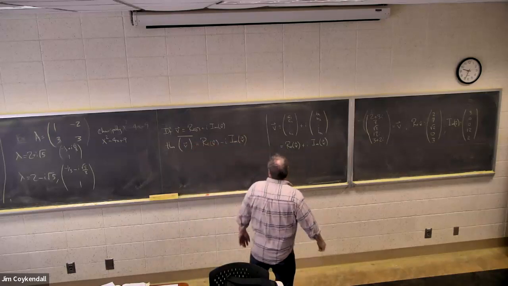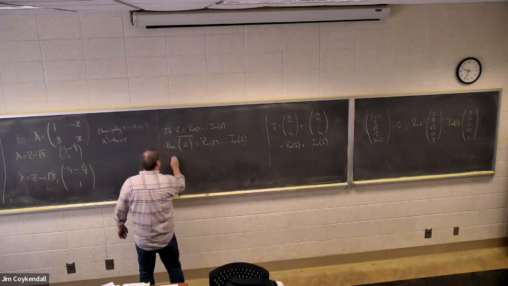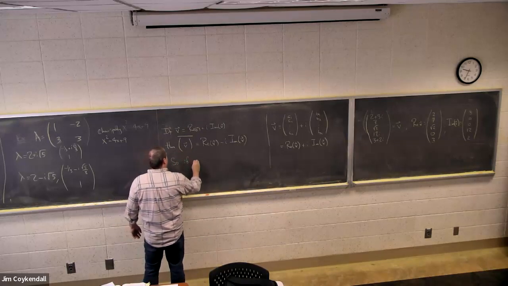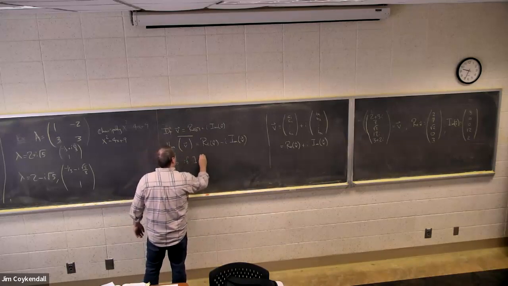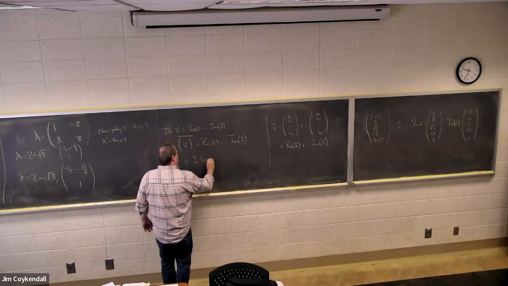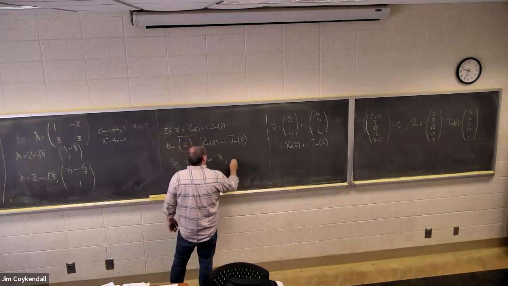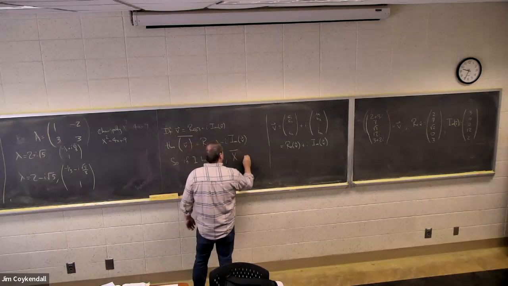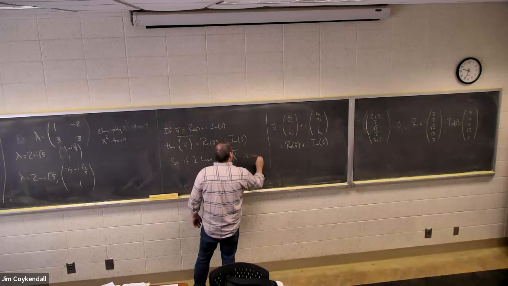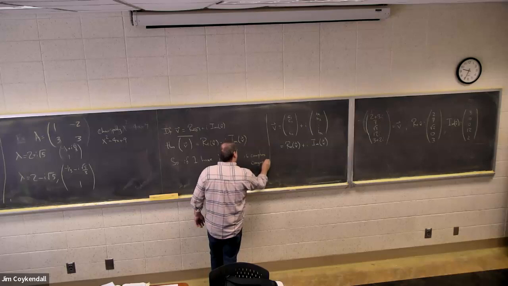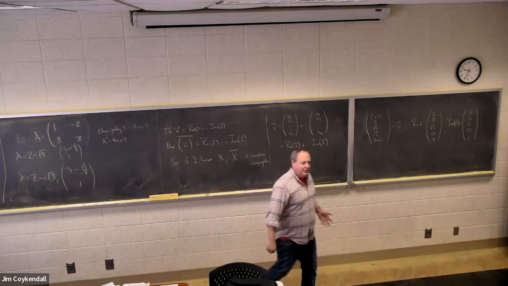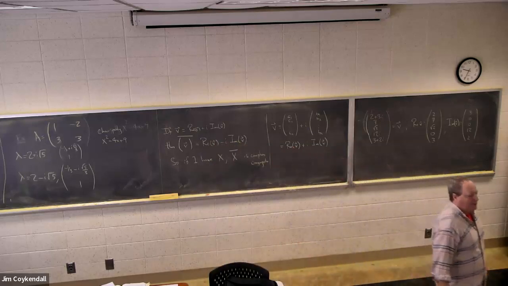So the notation X bar is the complex conjugate, and that basically means change the sign of every imaginary part you find.